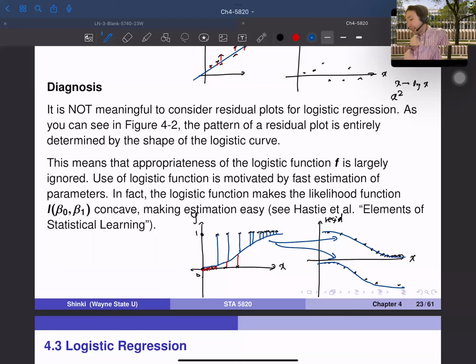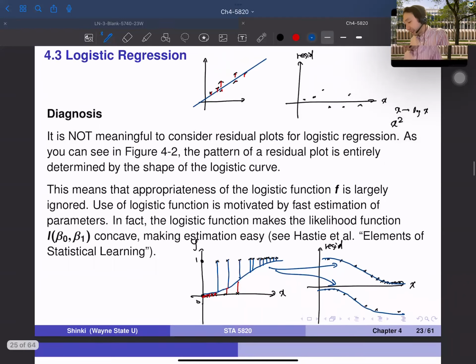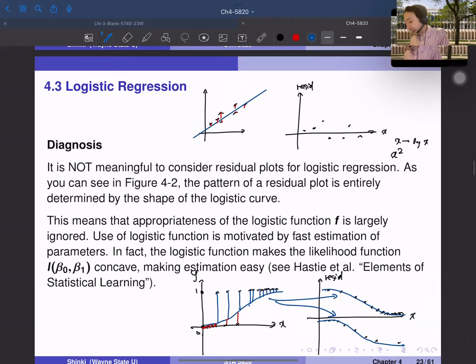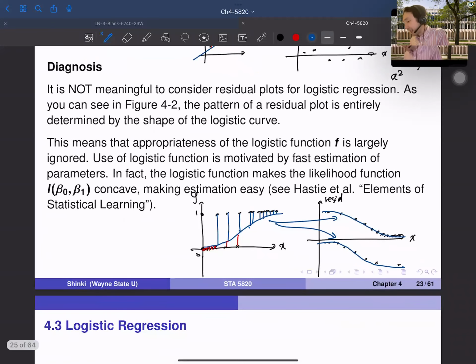That means that we just assume that the logistic curve is correct. And actually that's the thing that we do. So basically, we don't really care about the shape of the fitted curve. That is just the usual tradition of binary regression analysis.